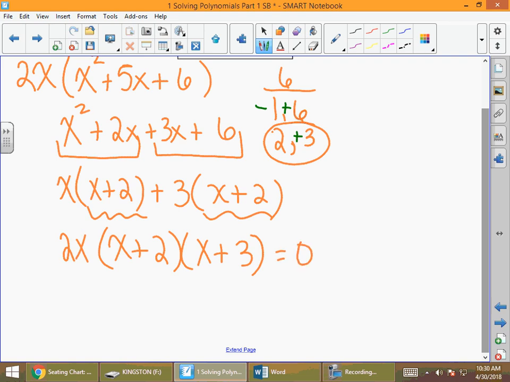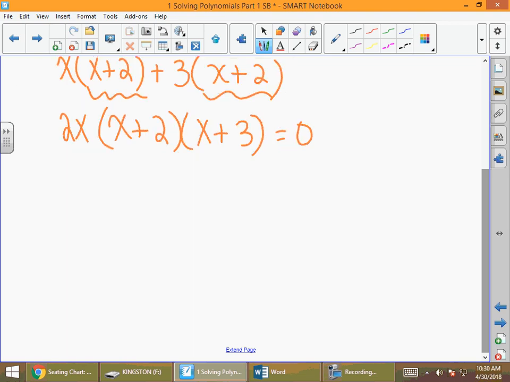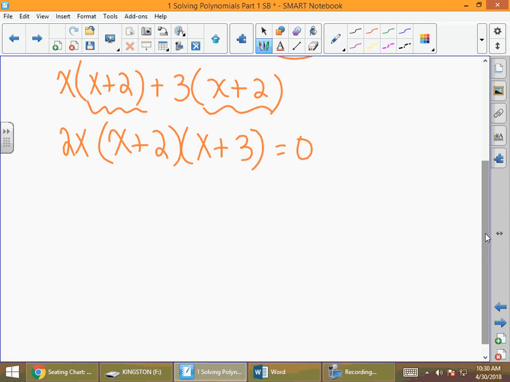Once again, some of you can tell me x equals 0, x equals negative 2, x equals negative 3. That's fine. If you can't, where did they come from? 2x equals 0. x plus 2 equals 0. x plus 3 equals 0.